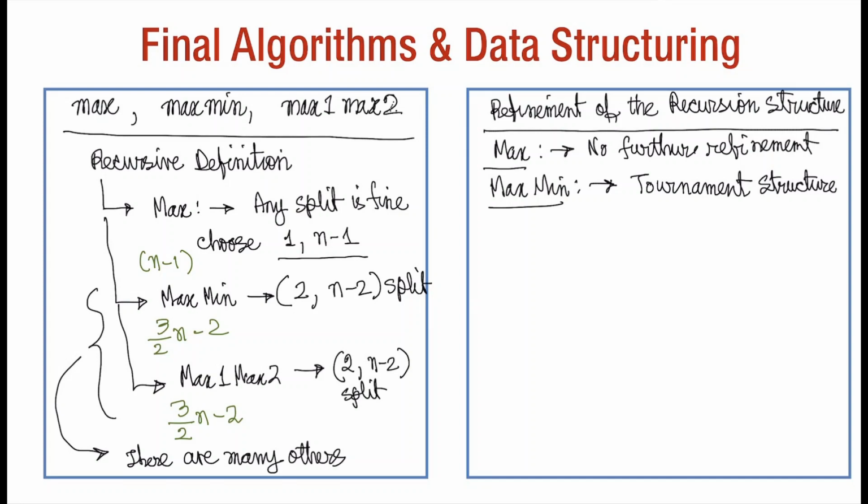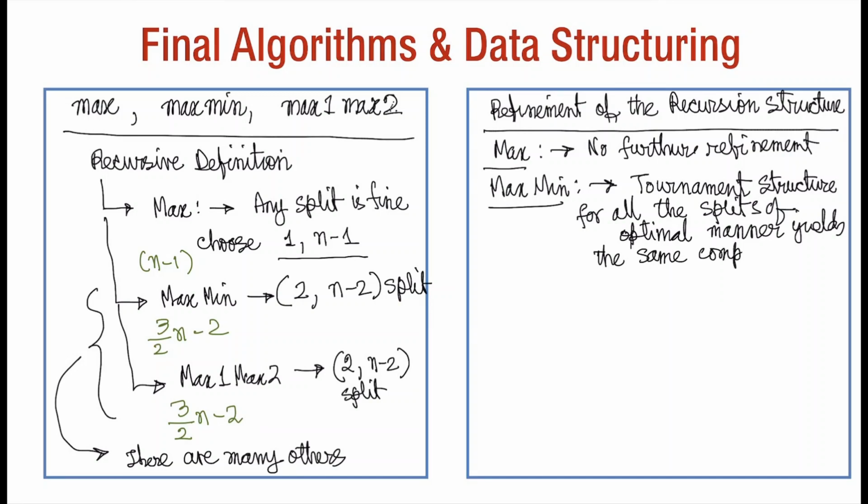The tournament structure for all the splits of optimal manner yields the same complexity of 3 by 2 n minus 2.